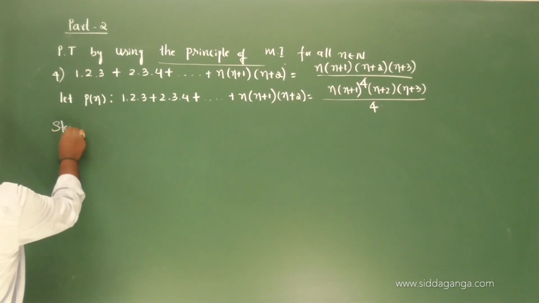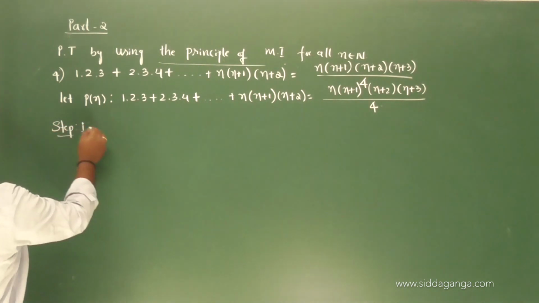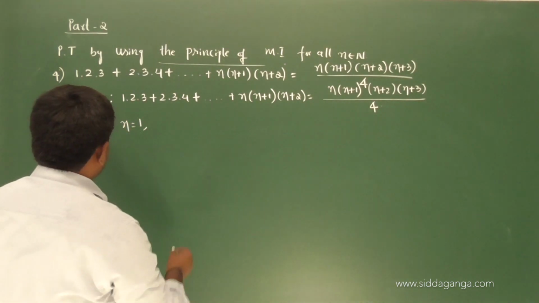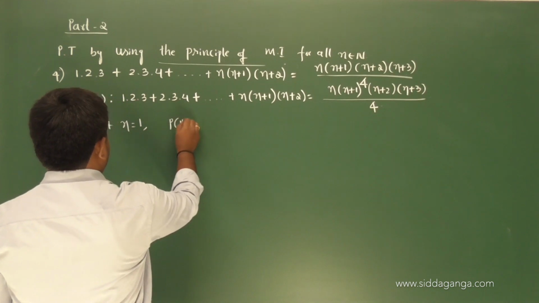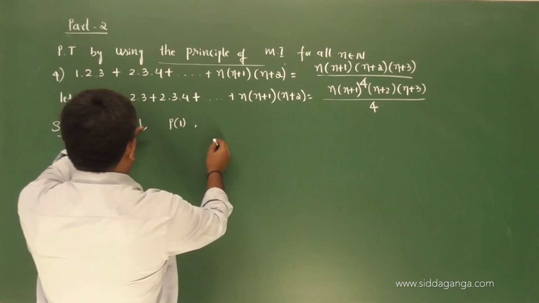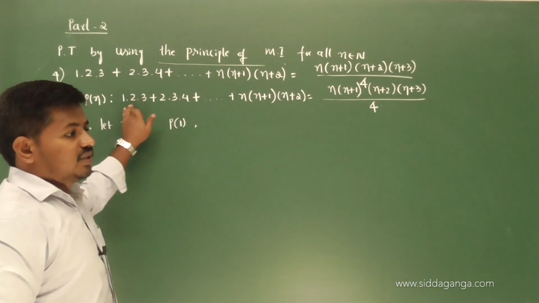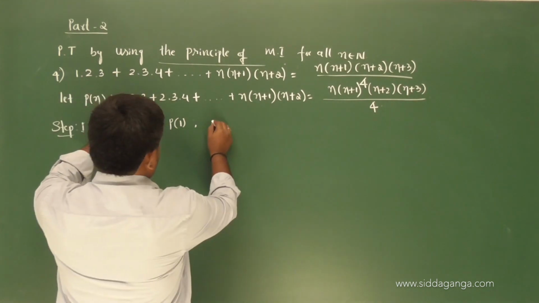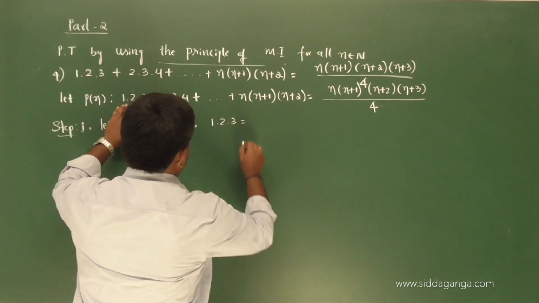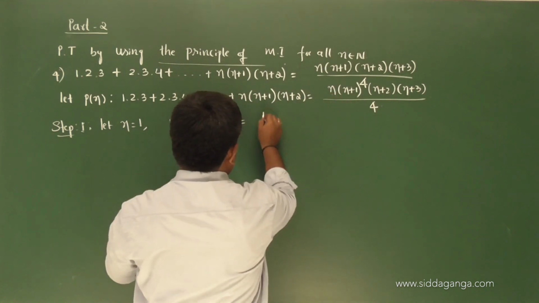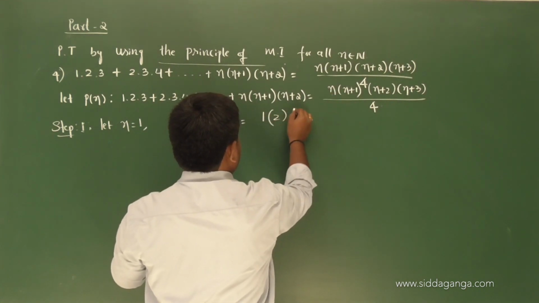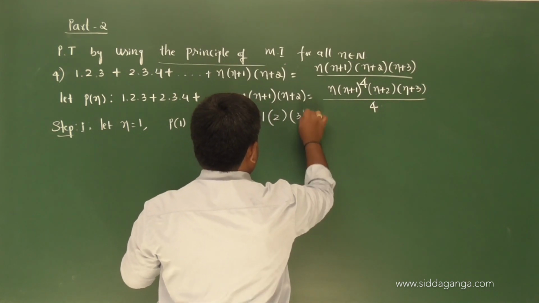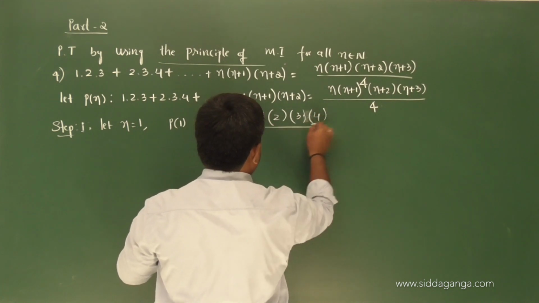Now the first step is checking for n equal to 1. Step 1: let n equal 1, I am checking P of 1. P of 1 means the sum of the first one term, that is the first term, 1 into 2 into 3. So 1 into 2 into 3 is equal to, substituting n as 1, 1 into 1 plus 1, 2 into 1 plus 2, 3 into 1 plus 3, that is 4, by 4.